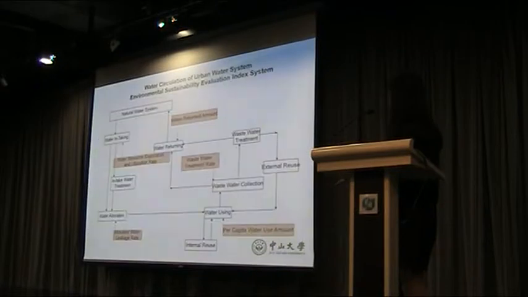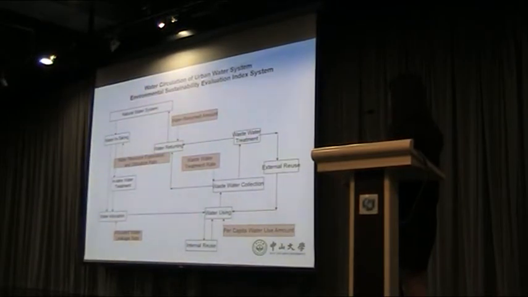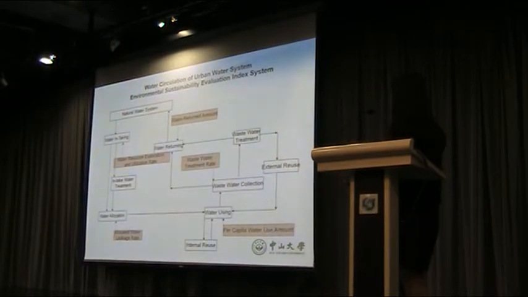So here, we use this concept figure to try to simulate the water circulation of the urban water systems, from the natural water system to intake, allocation and reuse, to wastewater, and to the water returning for this recycle.